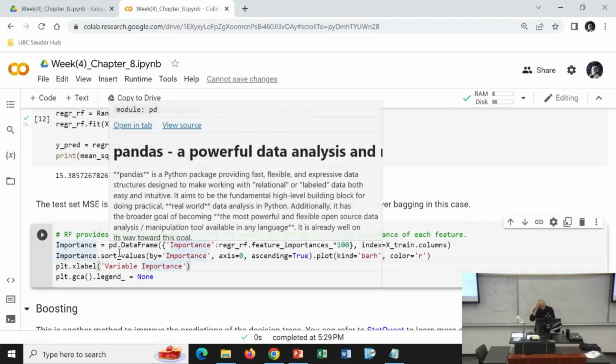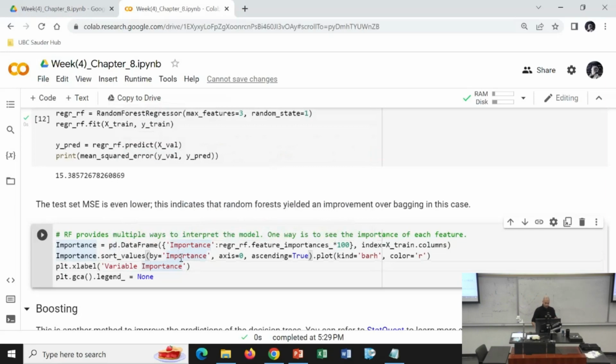All right, so as a side product of these models, we also get something called a variable importance plot. As we use these features to make splits, and based on the split some objective function decreases, we can look at how much reduction in total we had for each of the predictors. The predictor that gave us the highest reduction is the most important predictor, and we can plot that.